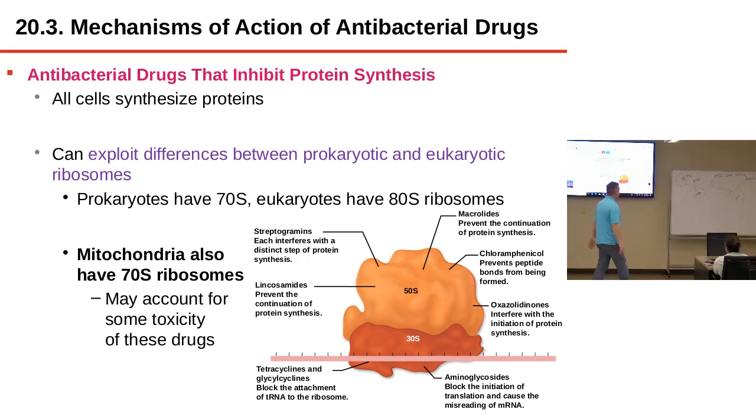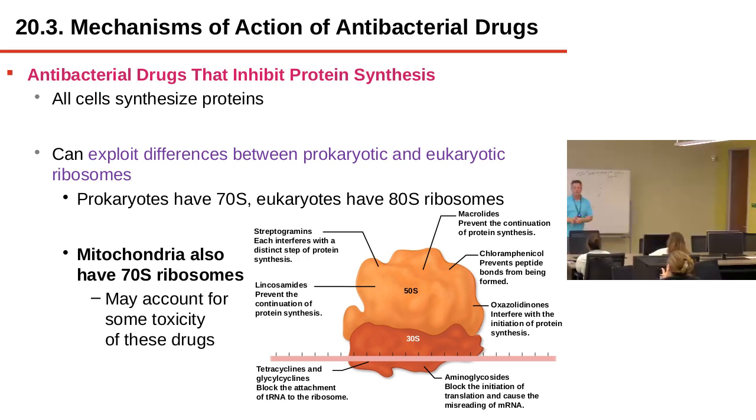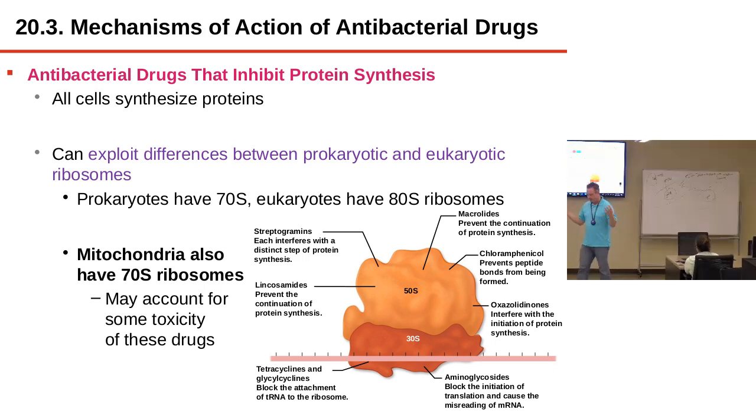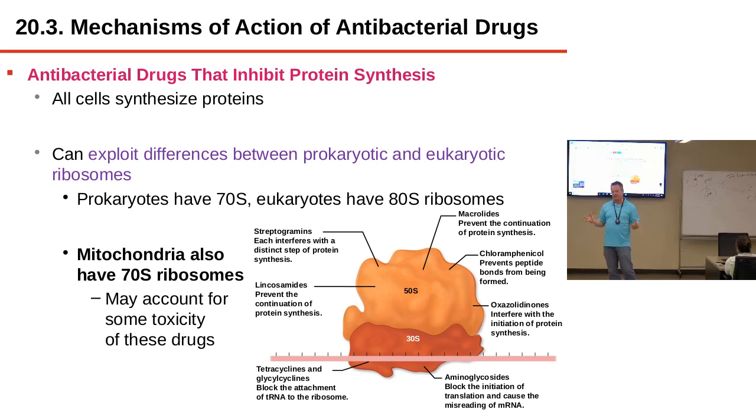Now, the problem though, for toxicity issues, is that we have to remember what's called the endosymbiosis. That is the idea that the mitochondria and chloroplast came from a bacteria probably at some point. The larger bacteria digested the smaller one, but recognized that it was actually producing a lot of energy and kept it on board.